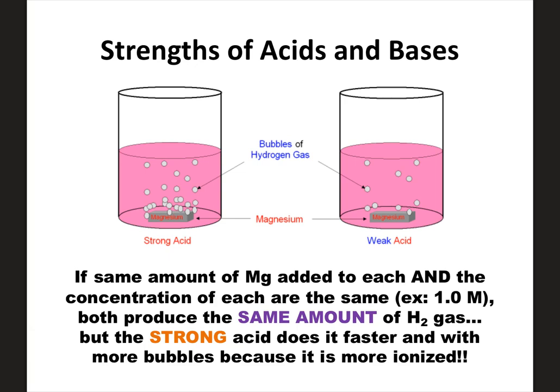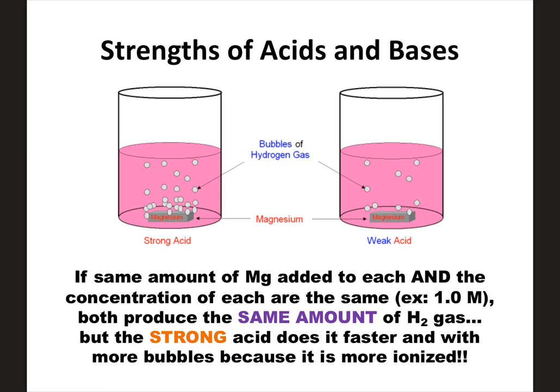This scenario will hopefully help you understand the difference between a strong and a weak acid. If we have 2 separate beakers, the one on the left has a strong acid in it, and the one on the right has a weak acid in it.